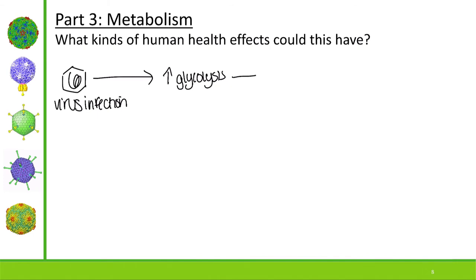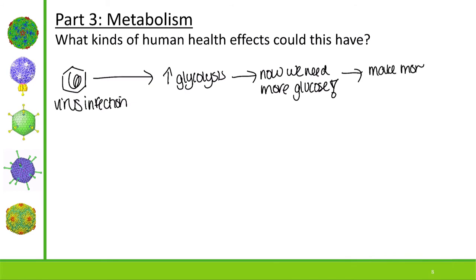When we increase glycolysis in the cells that are infected, they're increasing the amount of sugar that they're bringing in. So now we need more glucose, right? We've brought in all of that glucose into the cell, so now we need more. So now we're going to make more glucose.